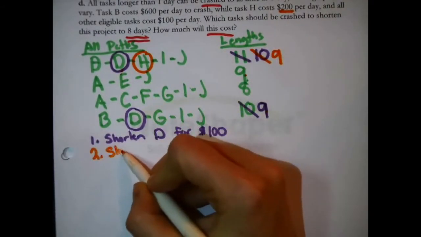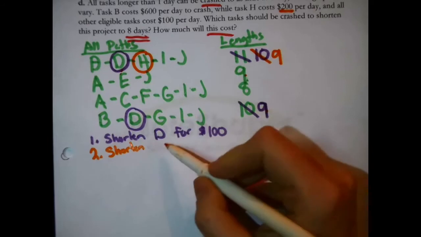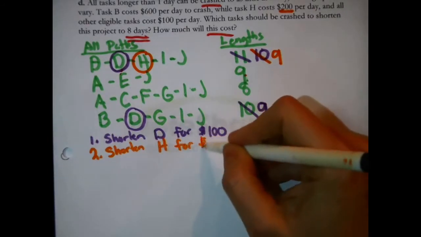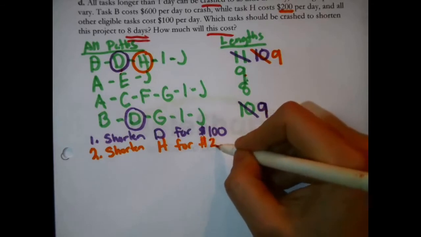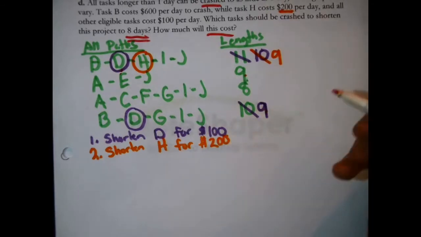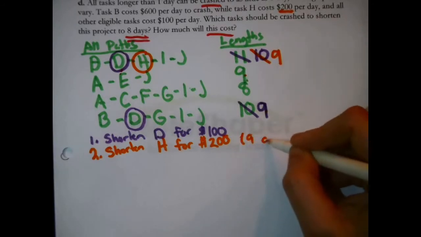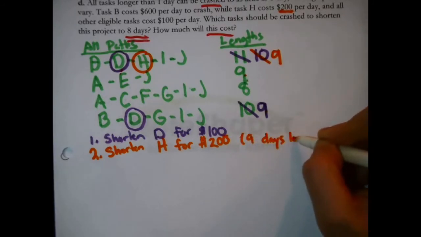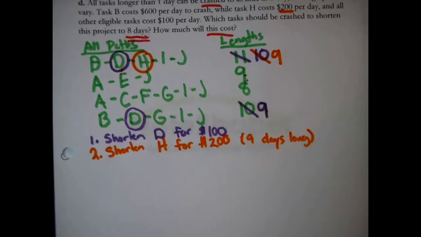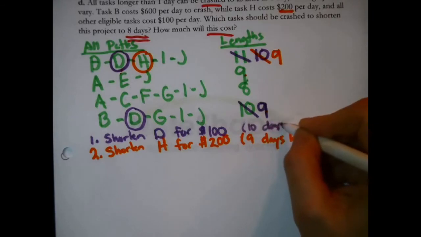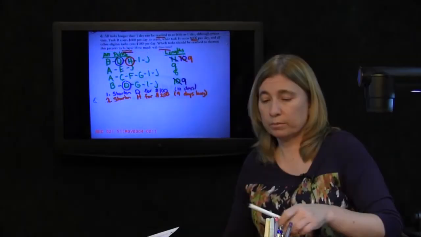Next thing we want to do is shorten H for, what is it, $200? Now, at this point, the project's 9 days long. Maybe I'll just note that. Whereas the result of step 1 was that at least we got it down to 10 days. And then this is the situation that we're in.